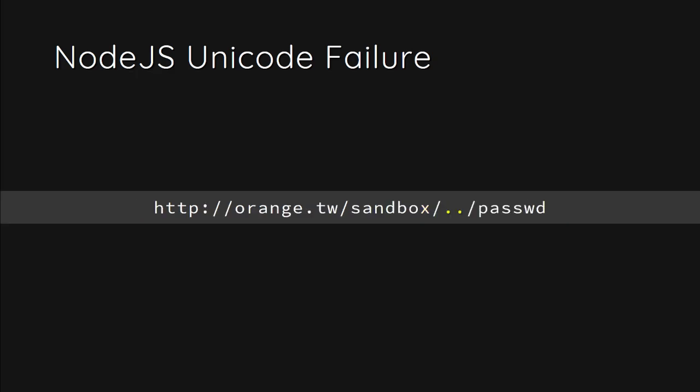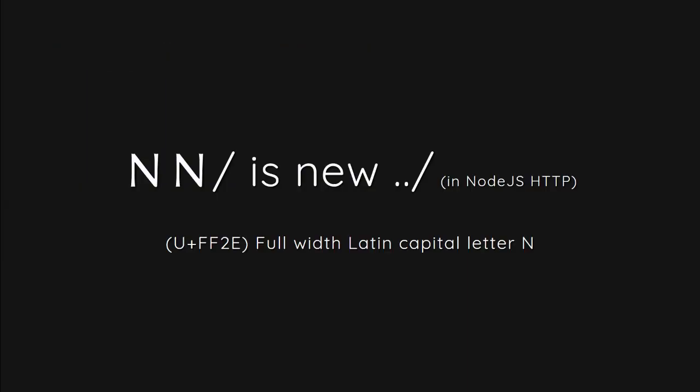The remaining part is 2E, the ASCII for dot. The server will identify the .. as the parent directory, so we can download the password file in the web root from a remote server. The double-width N is new in the Node.js HTTP module.